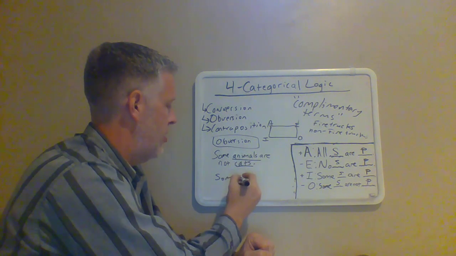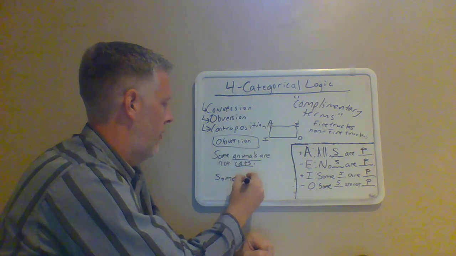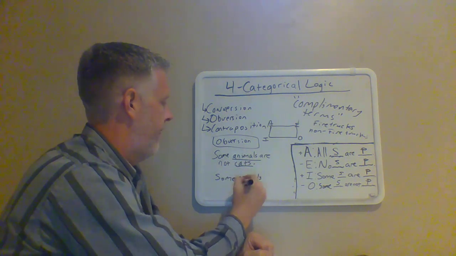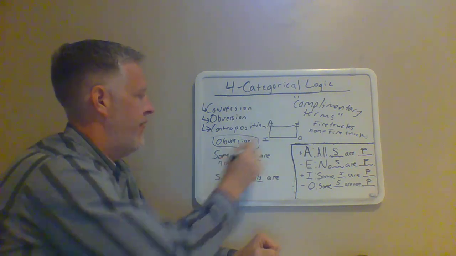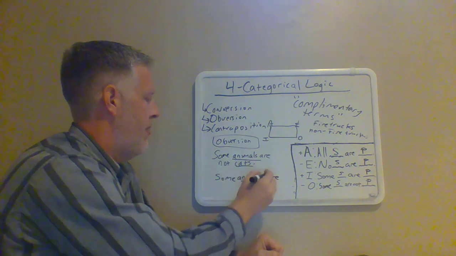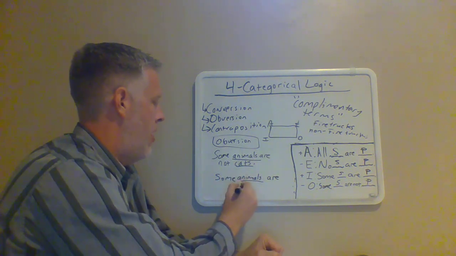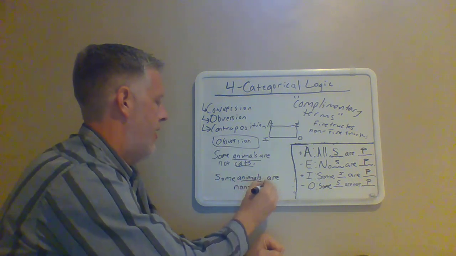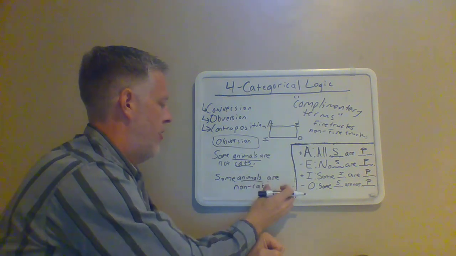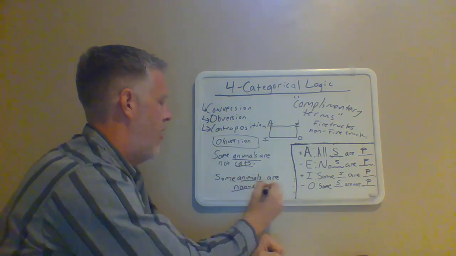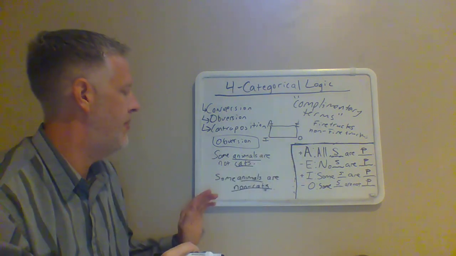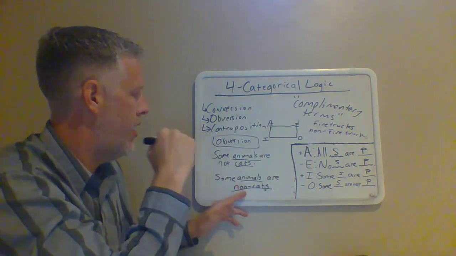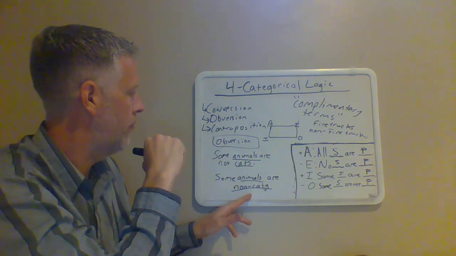So the subject will stay the same, and it's not negative anymore, it's not O, it's an I claim. Some animals are non-cats, right? Because we want the complementary term now of our original predicate. So we went across the square of opposition, and we used the complementary term for the predicate.